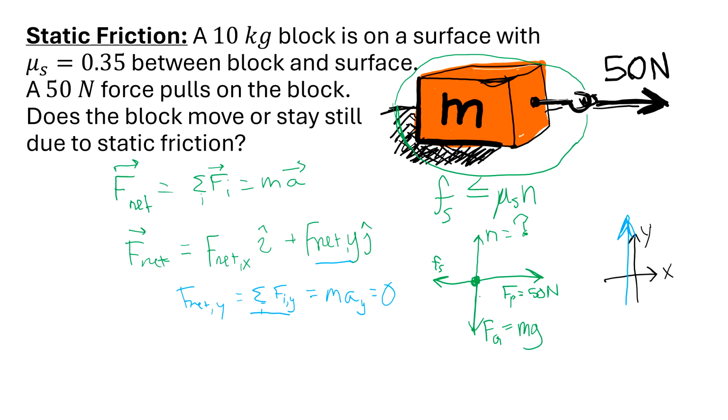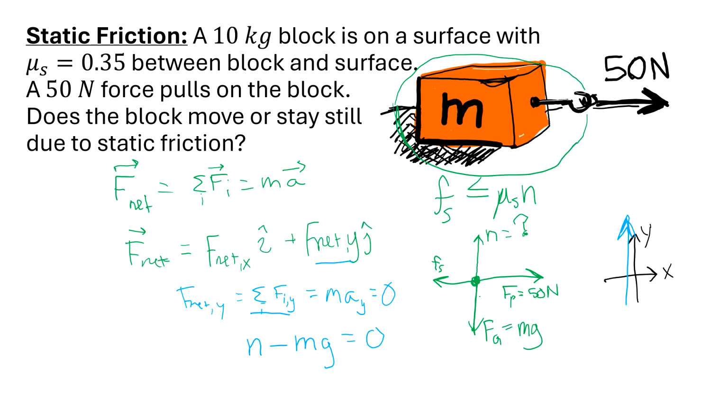F P and F S are all horizontal. They have no vertical components. That's good, that makes the math easier. N is all positive, so the full N, we don't need to worry about cosines or sines. N is positive, and F g is all negative, so minus m g is equal to 0.